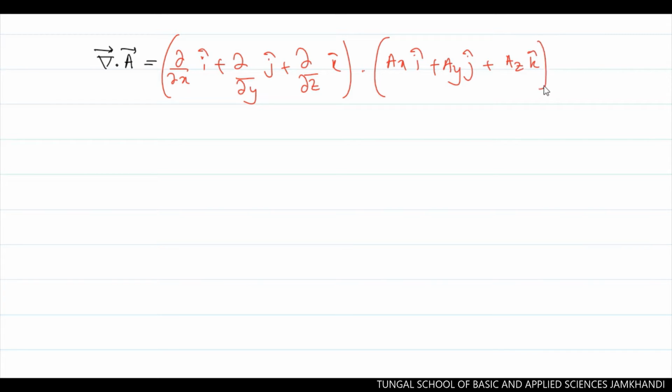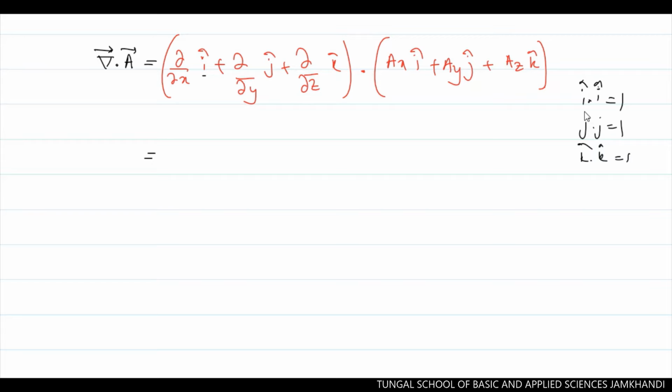Right. So if you take the dot product of these two, as you know, i dot i, the dot product of unit vectors, is equal to 1, j dot j is equal to 1, and k dot k is equal to 1.